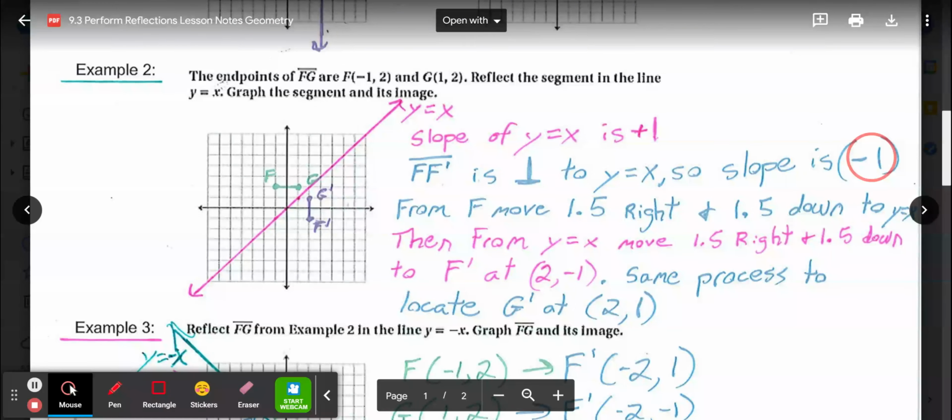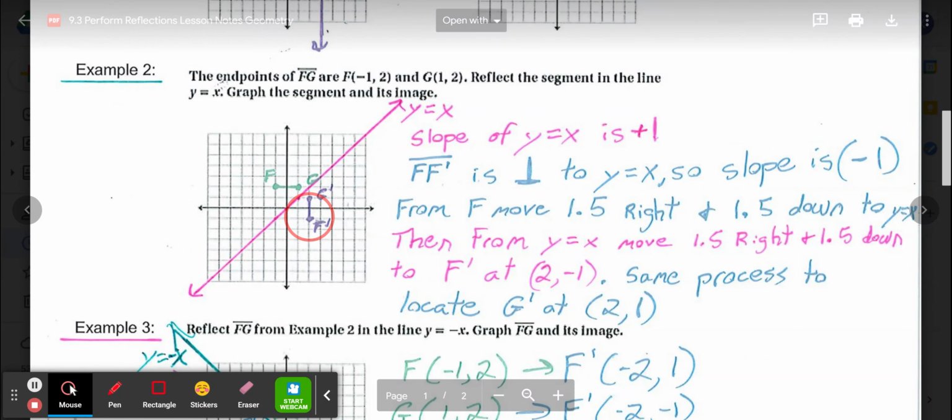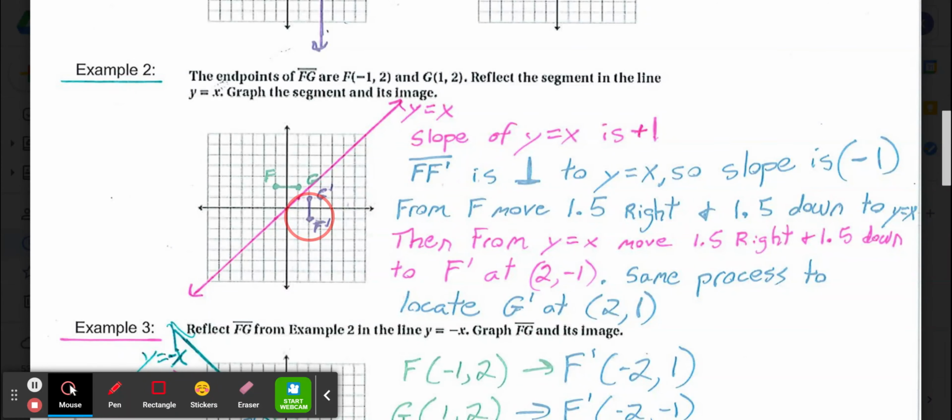So my segment F to F prime needs to have a slope of negative 1. From F, we're moving roughly right 1.5 and down 1.5 to get to the line, and from the line, we would do the same to get to F prime. So we'd move right 1.5, down 1.5.